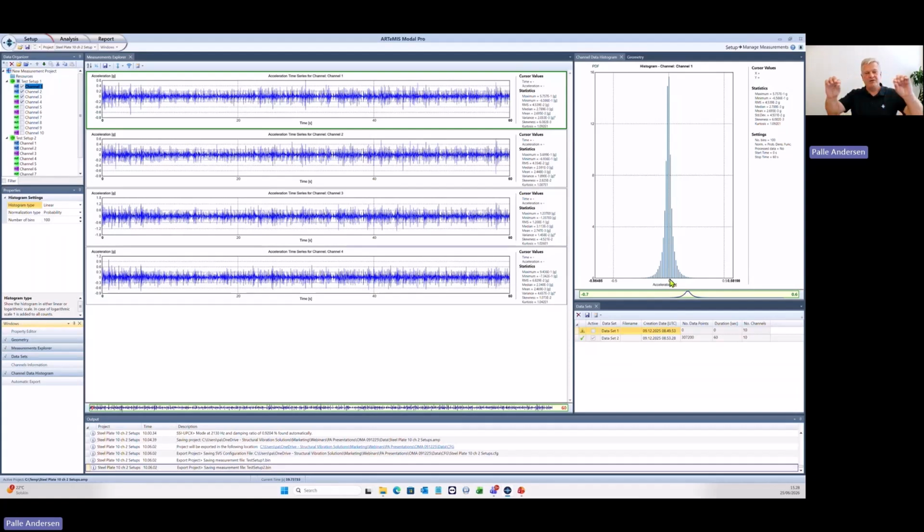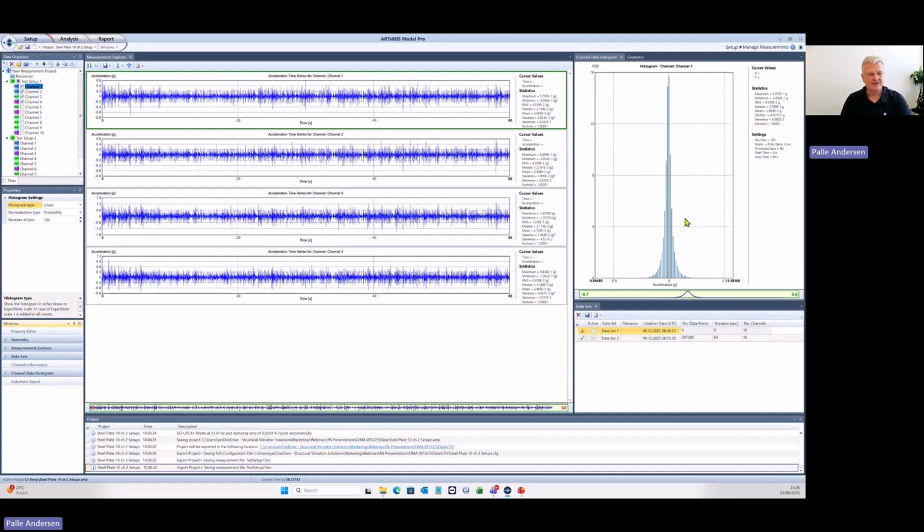And the more we get out in the tails, the less data we have. So normally distributed data is happening most of the time around the zero mean, or the mean value of this signal. Therefore, a histogram that looks like this indicates that we have something that is normally distributed, which is what we would like to have.